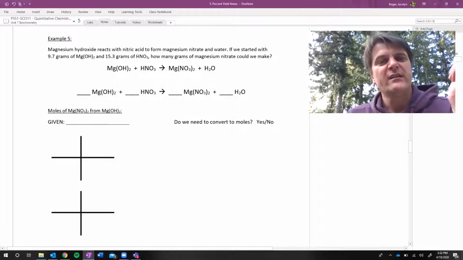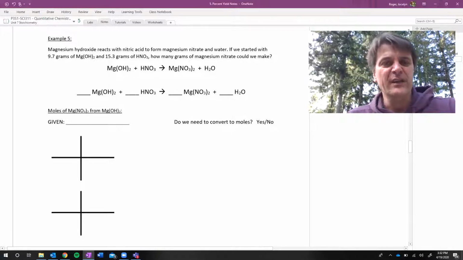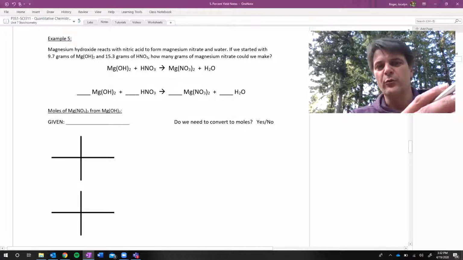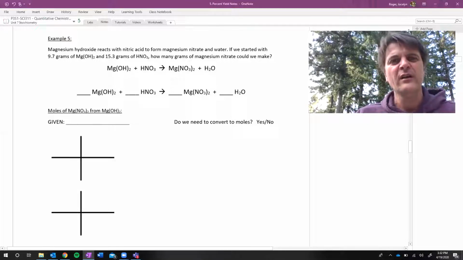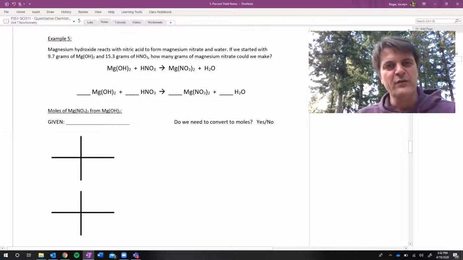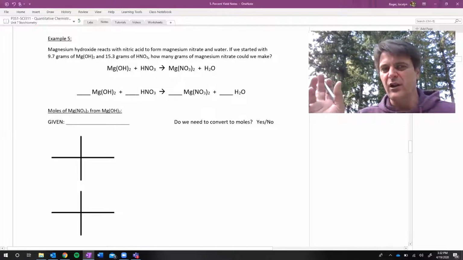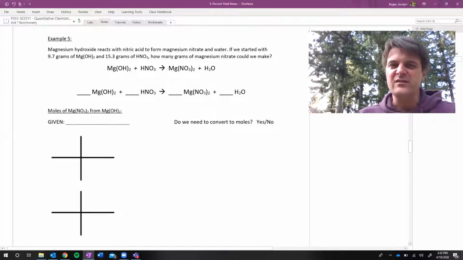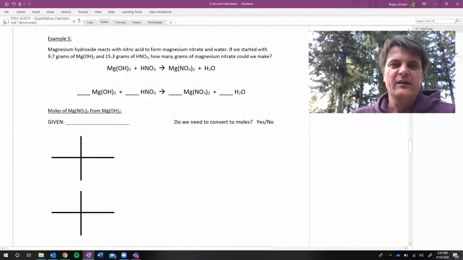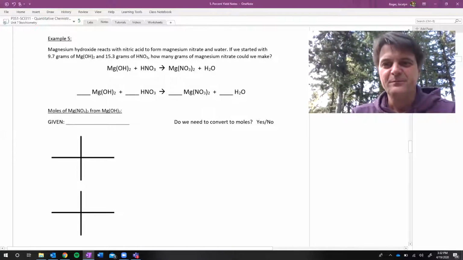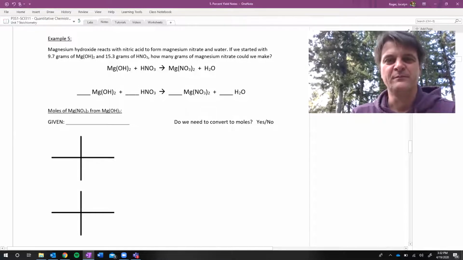Remember, you take the mass of each reactant, you divide by the molar mass to find the moles, you run that through the mole ratio from the balanced equation. That's going to give you the moles of product. You do that for both reactants. You take the lowest amount of moles. That's your theoretical yield. Okay, so pause the video and do this problem. Go as far as you can, and then I'll work this out with you.